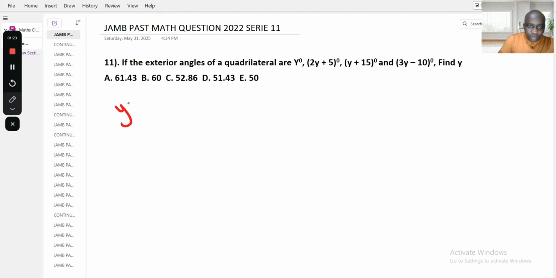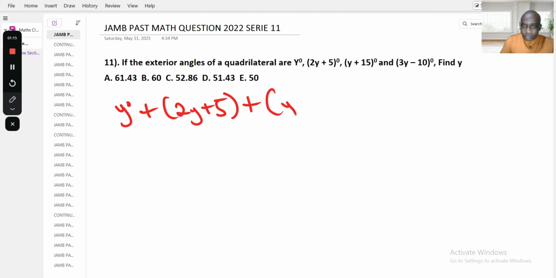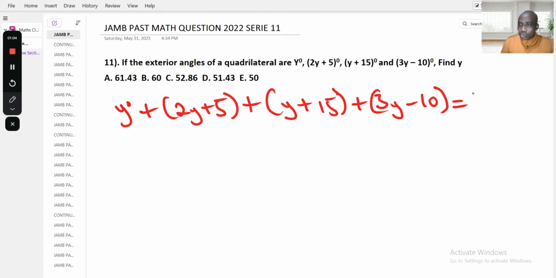Let's begin. y degrees plus 2y plus 5, plus y plus 15 degrees, plus 3y minus 10 equals 360 degrees.